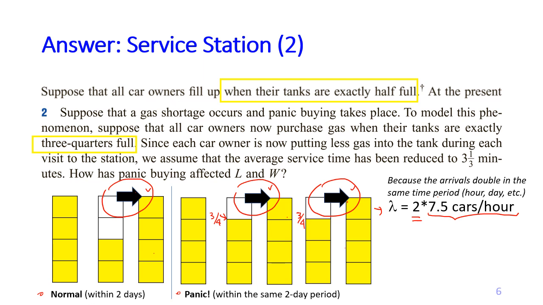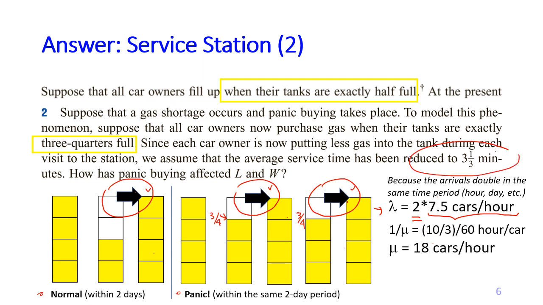So the lambda doubles, but then we have the information here about the service time. Again, this is 1 over mu, and then we convert it into mu. So this is the new mu, which is 18 cars per hour.